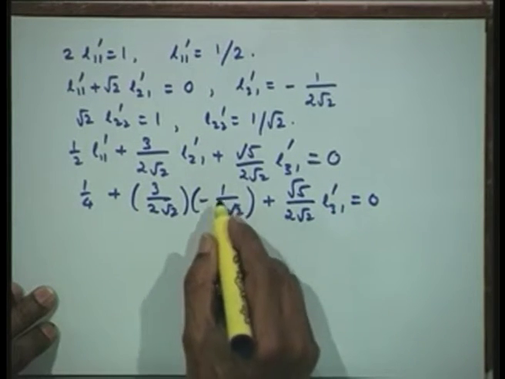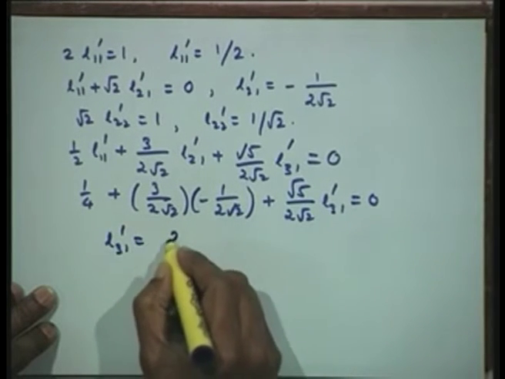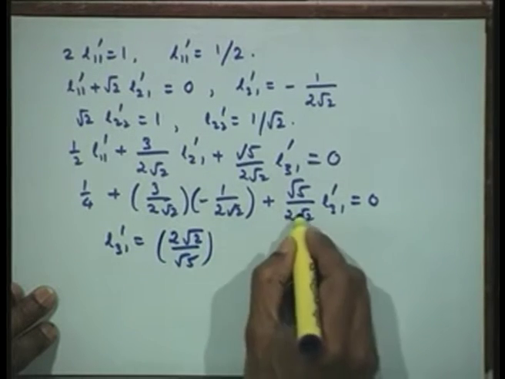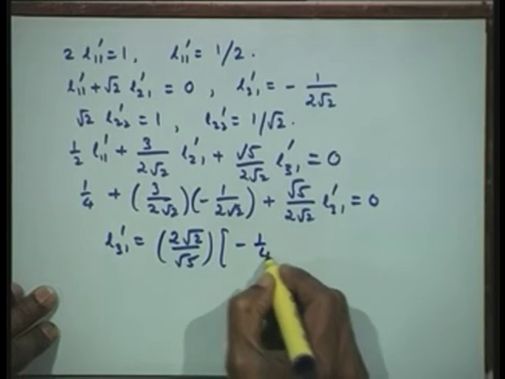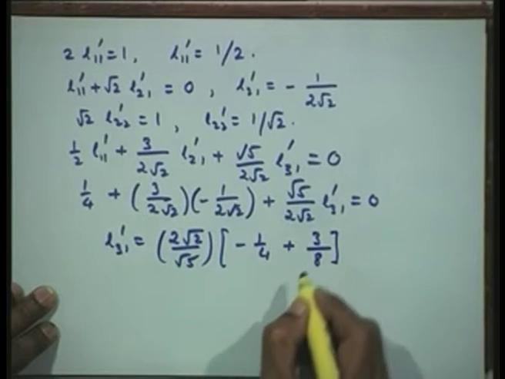So let us take everything to the right hand side and get the element L31 dashed, that is 2 root 2 by 5, this factor I have written first, and then this will be minus 1 by 4 plus 3 by 8.